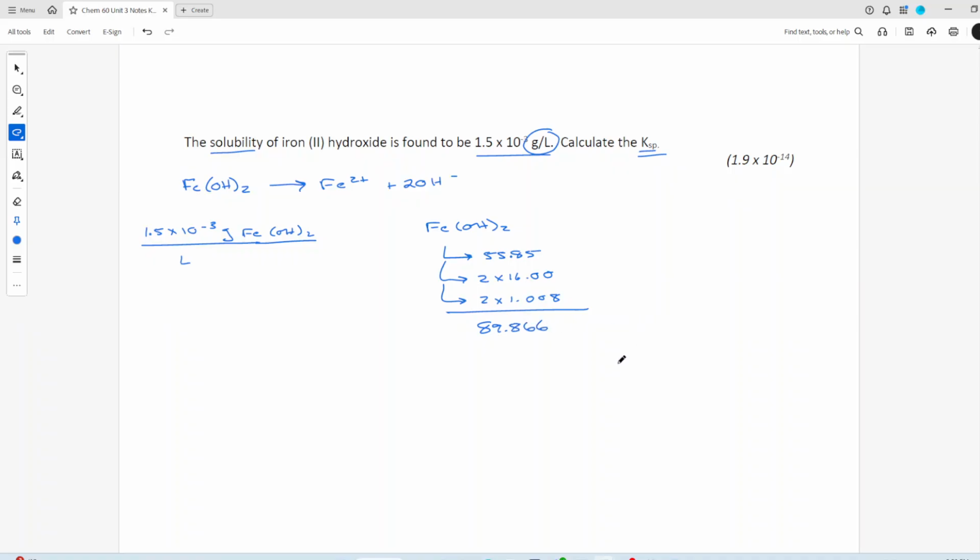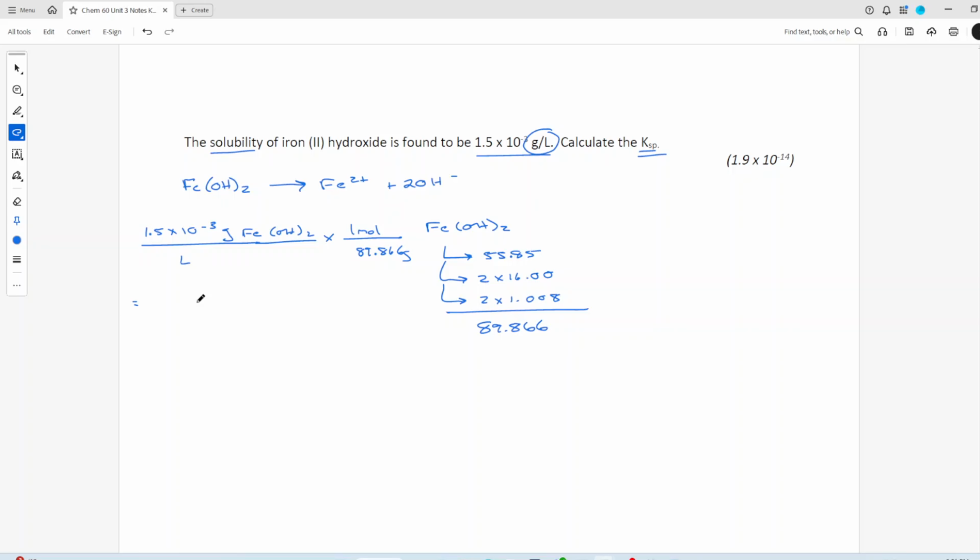Oh, man. I didn't give myself enough room. Anyway, I can fit it in. So then 1 mole of the iron hydroxide weighs 89.866 grams.